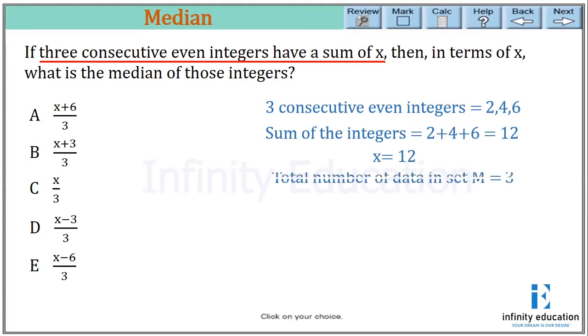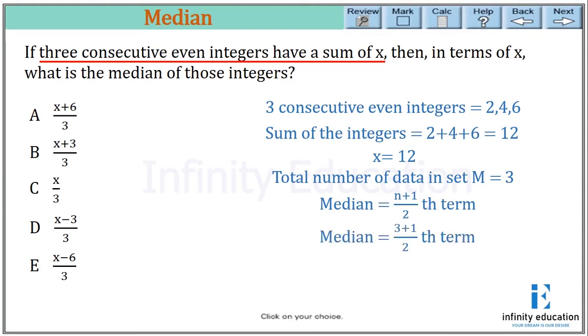Now the next information is that the total number of data is 3. The median should be the (n plus 1) by 2th term, because the data set is odd. So the median should be the (3 plus 1) by 2th term, that is the 2nd term.